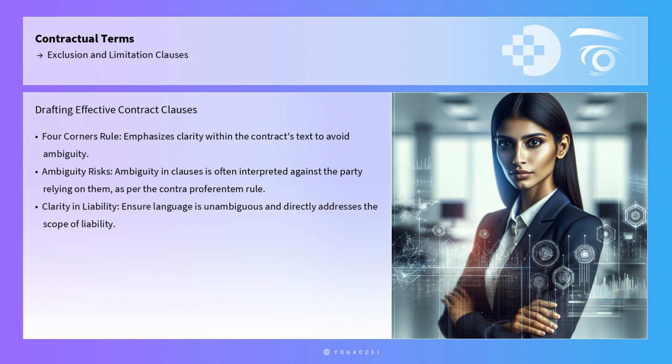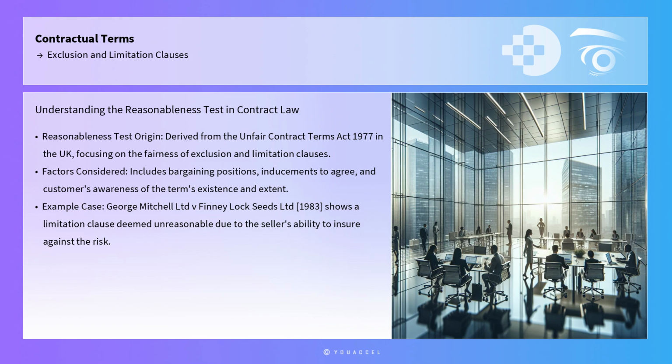Another critical tool is the reasonableness test, derived from the Unfair Contract Terms Act 1977 in the UK, which dictates that exclusion and limitation clauses must be reasonable. The test considers factors such as the bargaining positions of the parties, whether the customer received an inducement to agree to the term, and whether the customer knew or ought to have known of the existence and extent of the term.